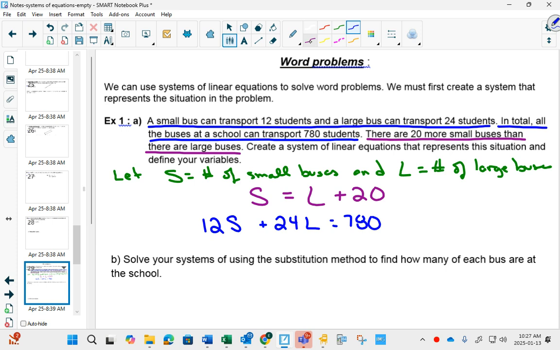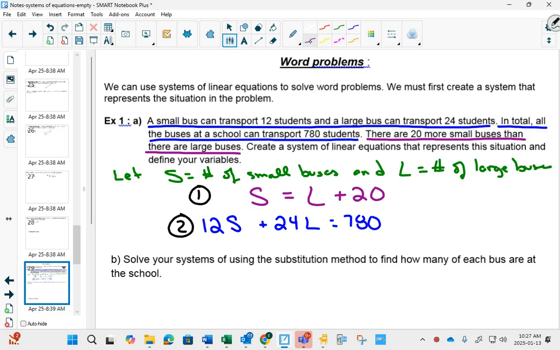In equation 1, so we can label. Here's my equation 1, here's my equation 2. If there's two things I don't know, I need to have two equations in order to solve. And I can use one of my three techniques, graphing, substitution, or elimination. This is a beautiful question for substitution because the S is already by itself.